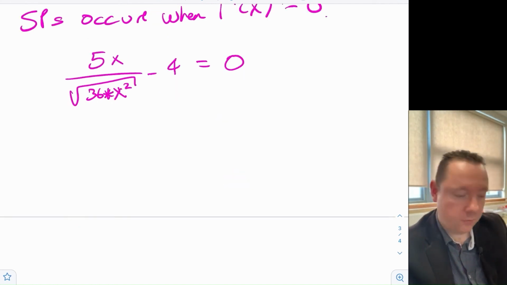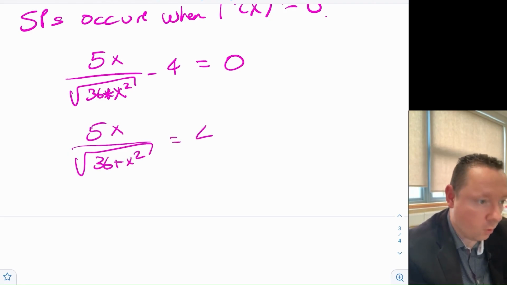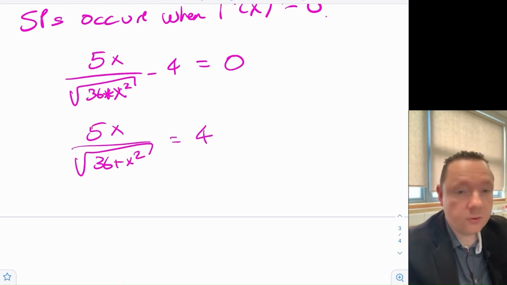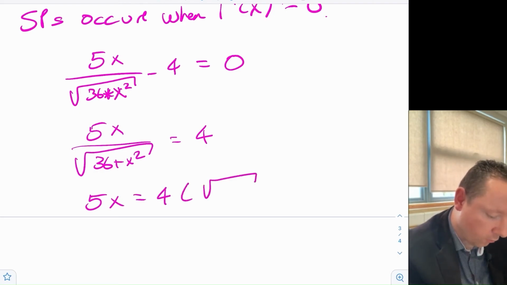Moving the 4 to the other side, we get 5x over the square root of 36 plus x squared equals 4. Then we can multiply through by the denominator. In other words, 5x equals 4 times the square root of 36 plus x squared.